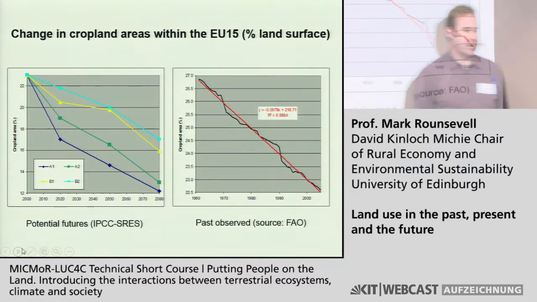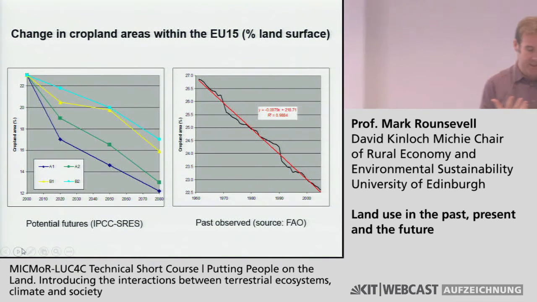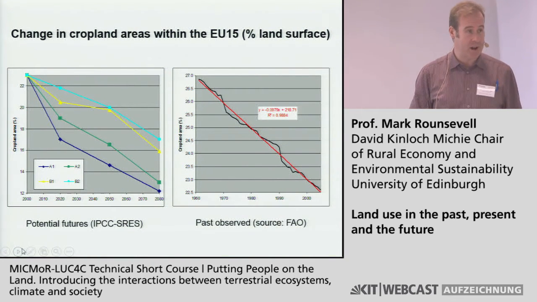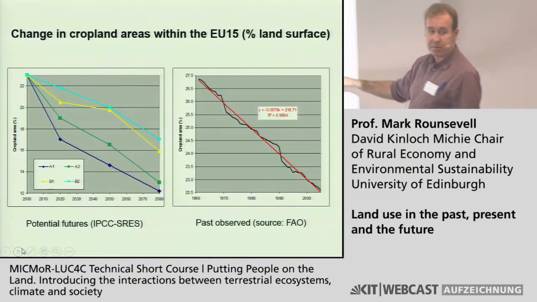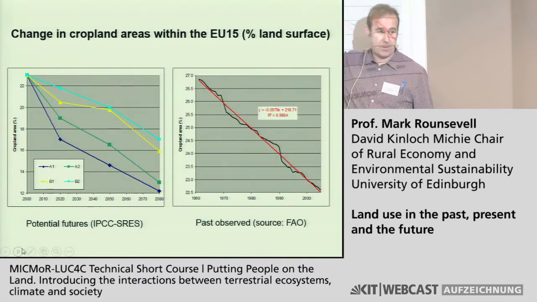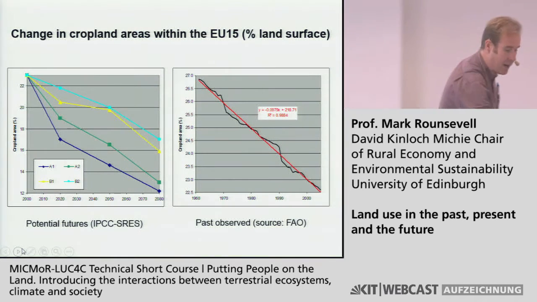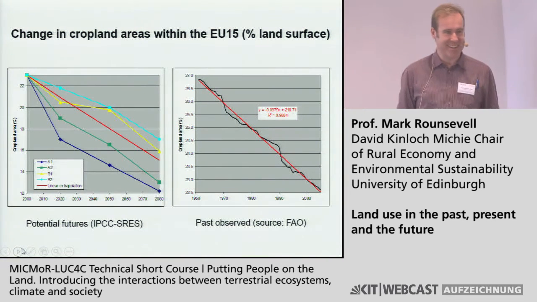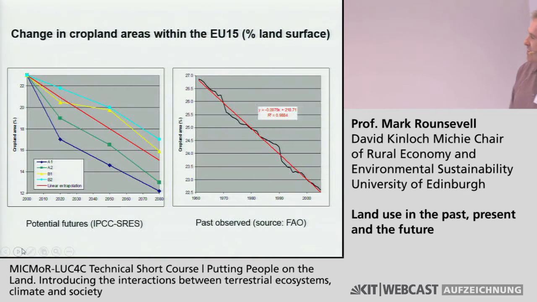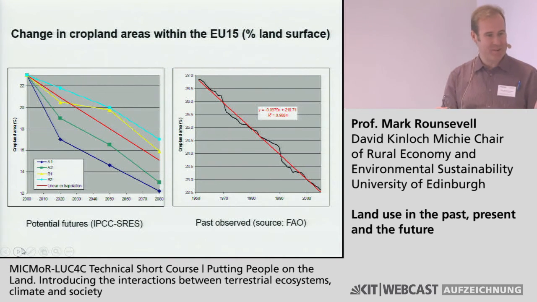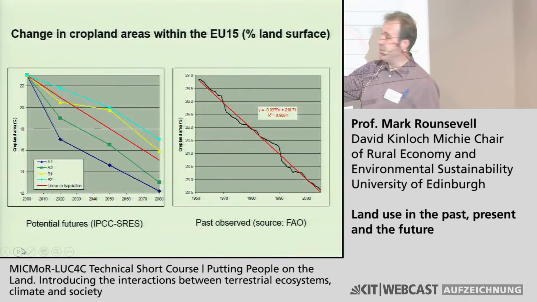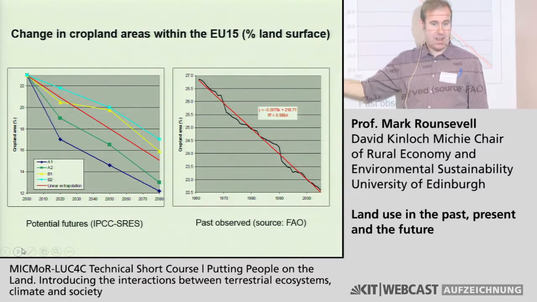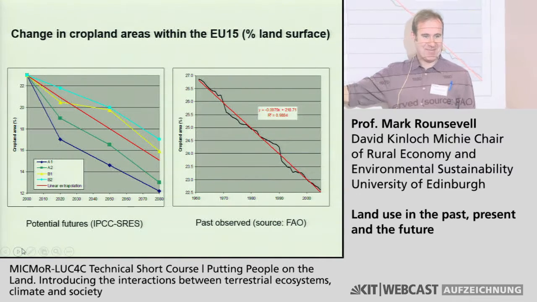This is modeled independently, but we can test where our scenarios lie with respect to what's happened in the past, just by doing an extrapolation of that red line into the future using that simple equation. And it looks like that. Look at that, isn't that fantastic? We've got a spread of scenarios which seem to mimic things that have happened in the past, even though they're totally independent from the observational data. That doesn't prove anything. It's just nice to look at it.